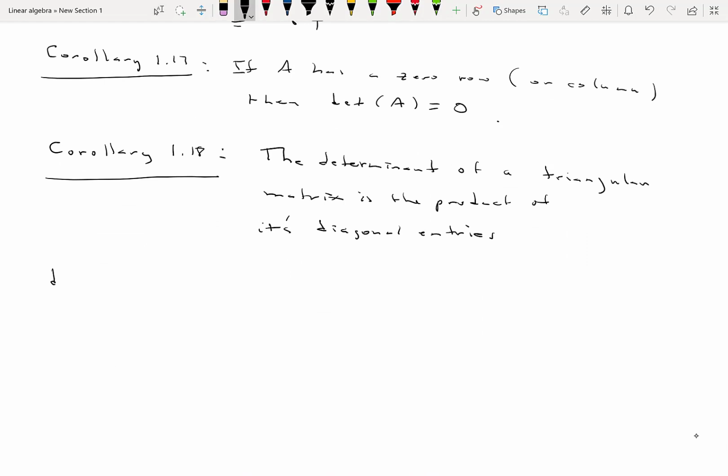Let's find the determinant of, say, a lower triangular matrix. A11, 0, 0: zeros in the first row except for the first entry. Then let's say A21, A22, and then zeros.